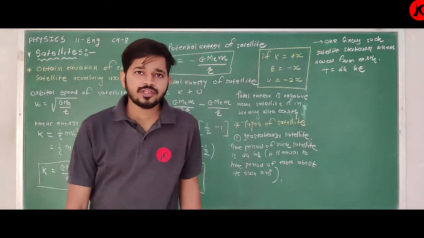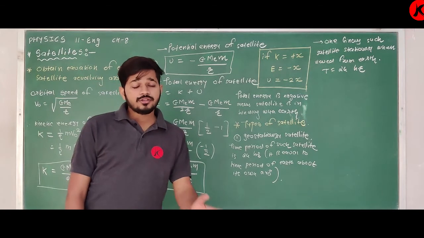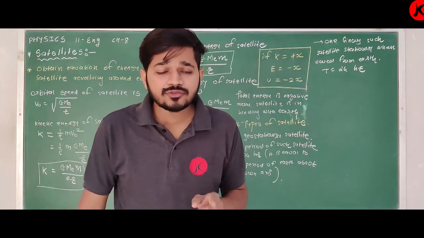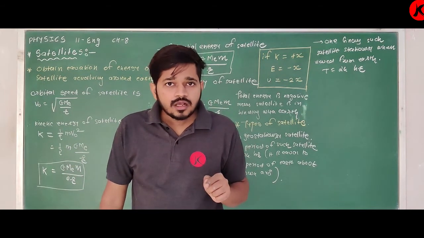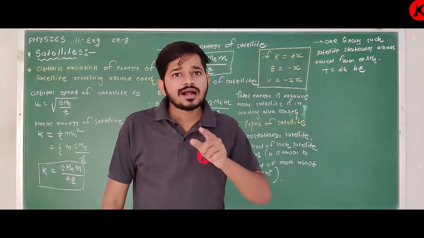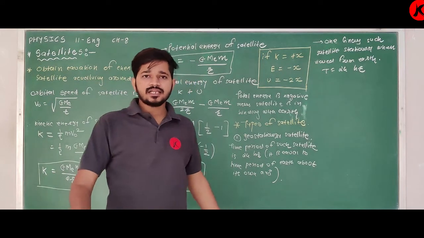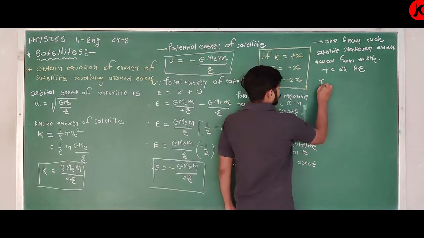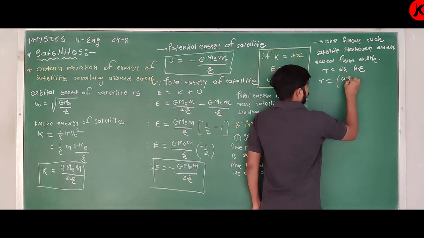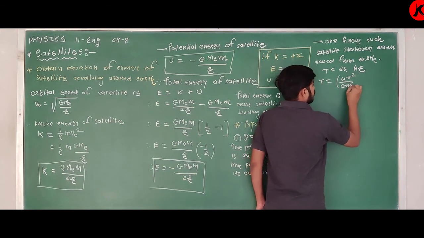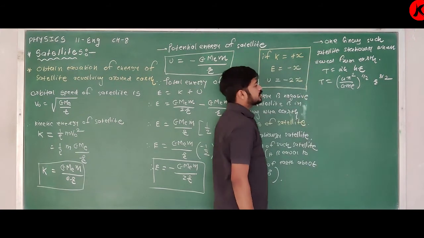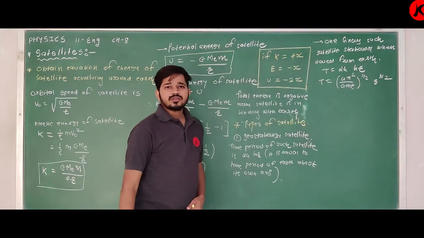Remember from the previous theory, T is equal to (4 pi square upon GM_E) whole raised to 1 by 2, R raised to 3 by 2.